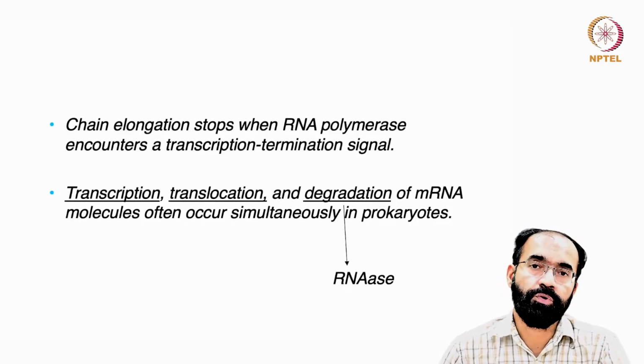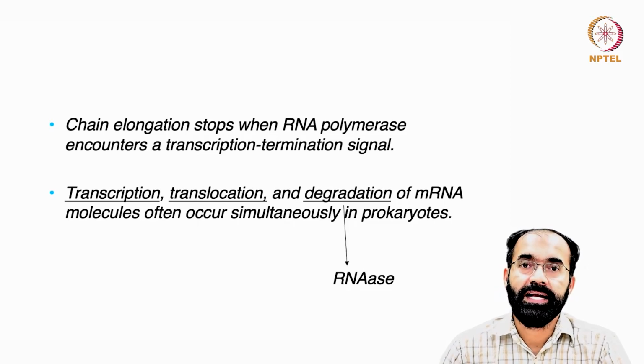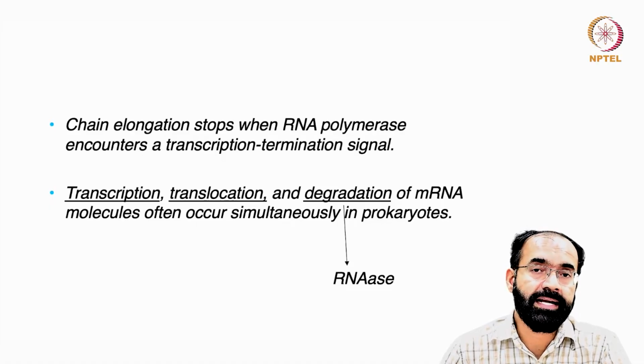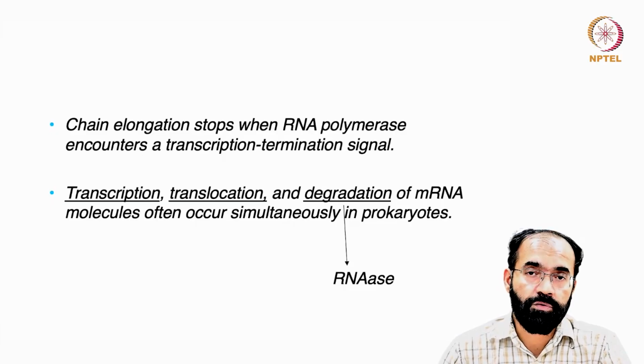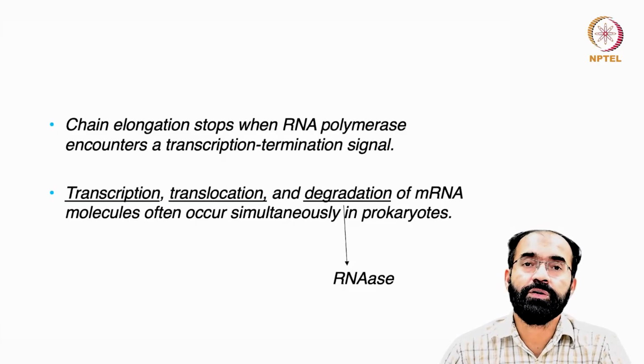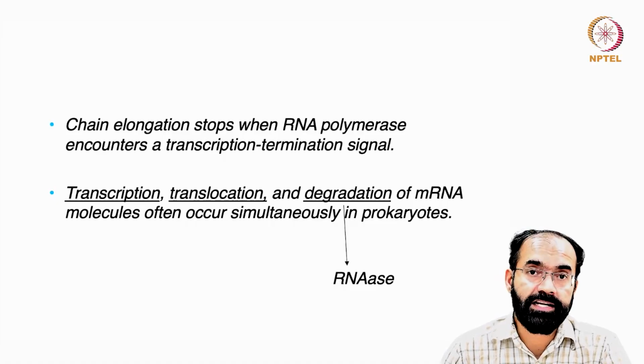Same thing happens in the eukaryotic cell also. So if an RNA has to survive, it has to fight against all the RNases or any degrading factors. In our body also, our body fluids like sweat, saliva, tears, everywhere you have RNases. So if you are working with RNA, you have to be very careful to prevent the degradation of your working material in your test tube, because RNase is there everywhere.